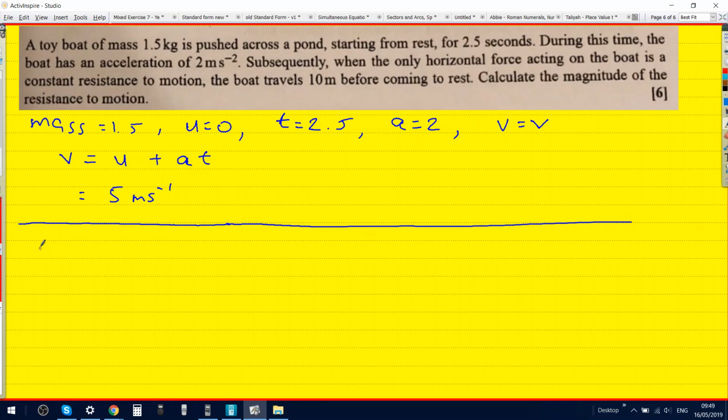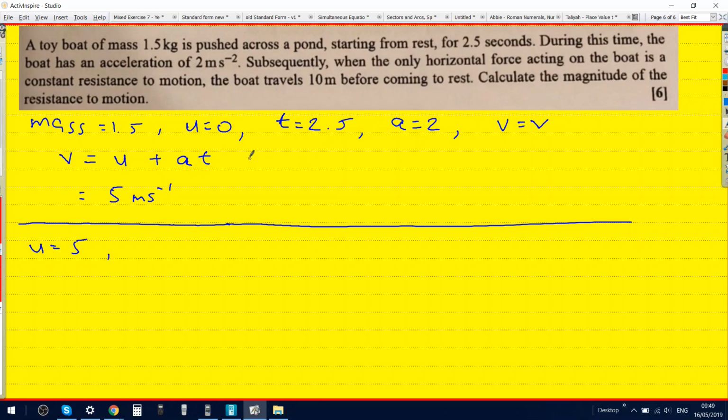And then for the second half, u would be 5. They tell us the mass, and it involves the force, resistance to motion. Yeah, horizontal force. So there's probably an F = ma as well.